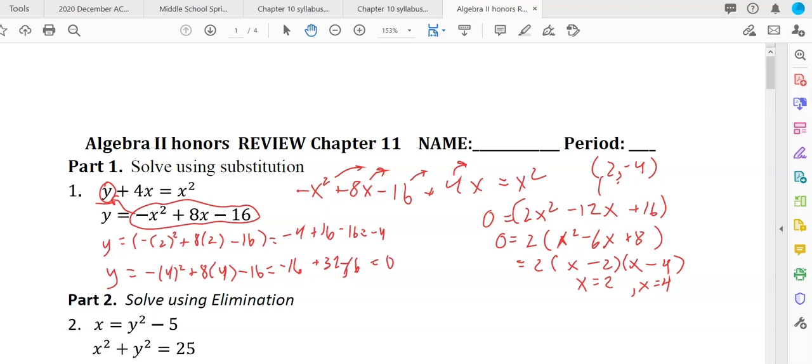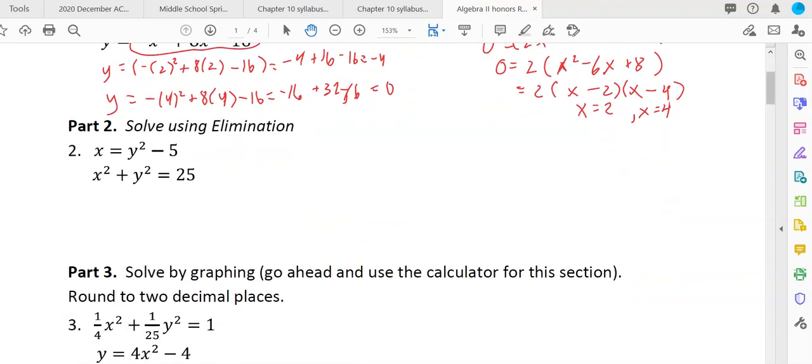So I have another point at 4 comma 0. Just to make sure I did that right, I'm going to plug it in. So it should be negative 4 plus 8 is positive 4, and that works in the first equation. That's 4 and 0, 0 plus 16 equals 16. That works in the second equation.